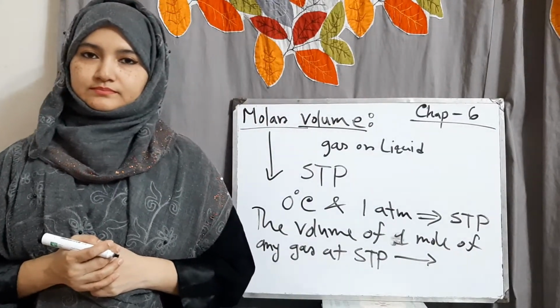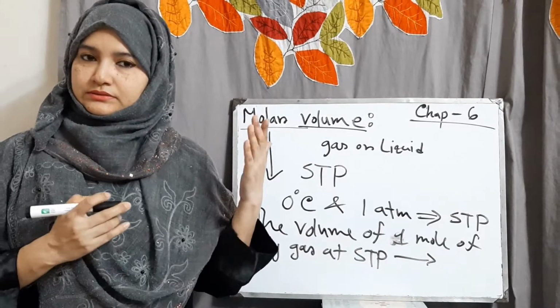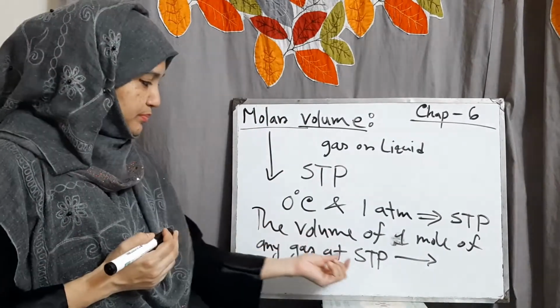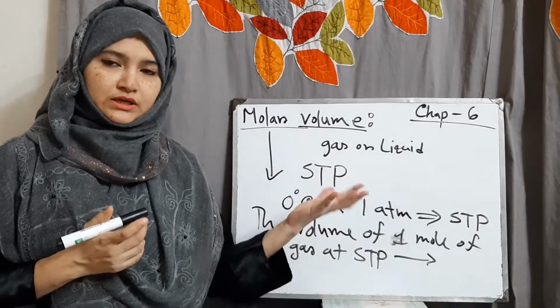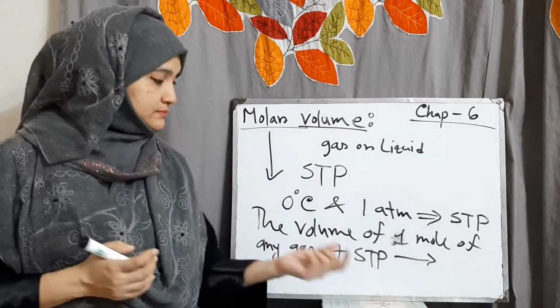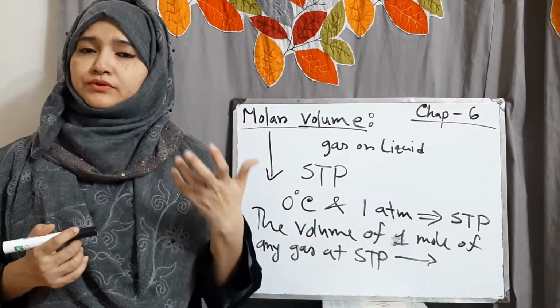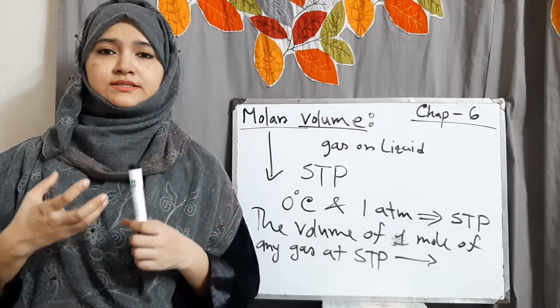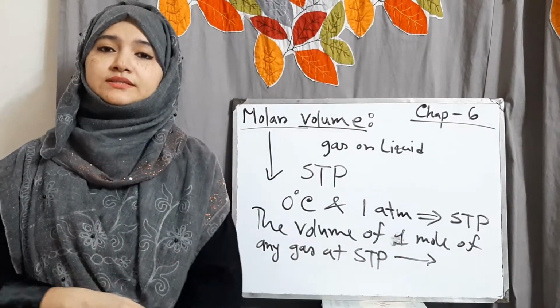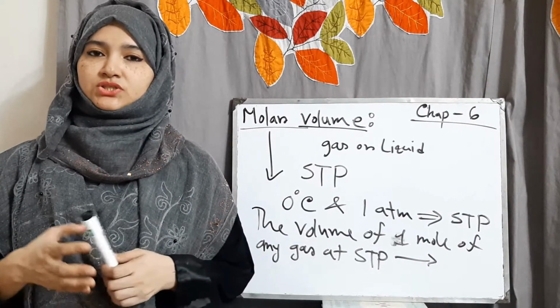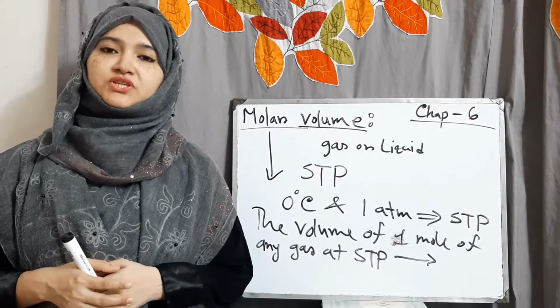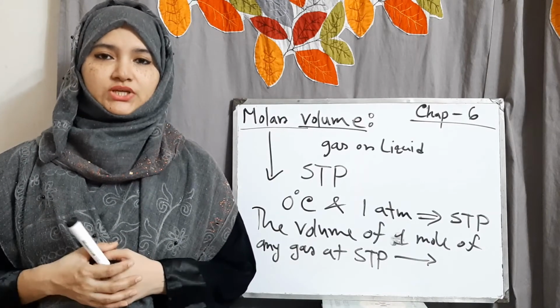This condition, STP, is very important, because we know the volume is dependent on pressure and temperature. If we change the temperature and pressure, the volume will change.